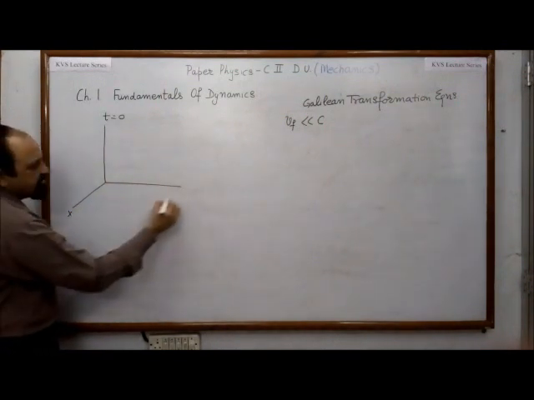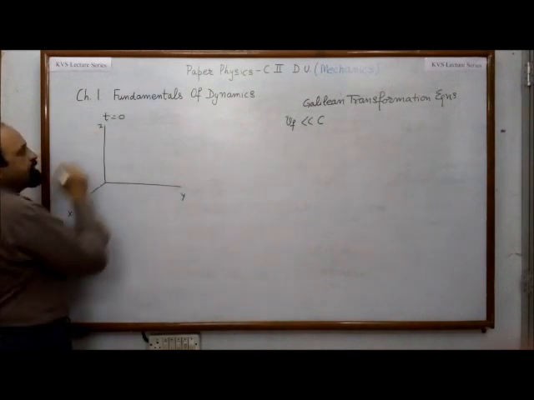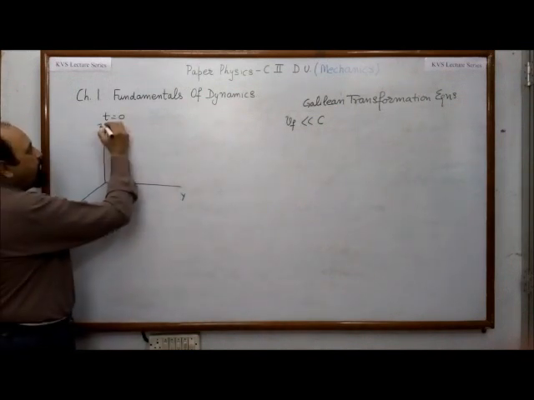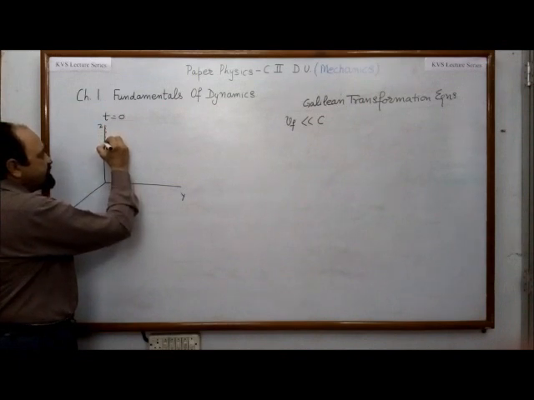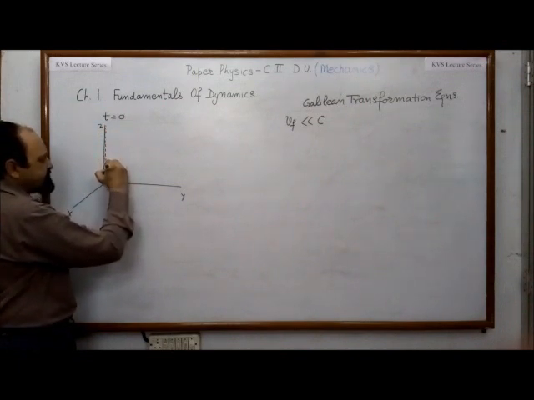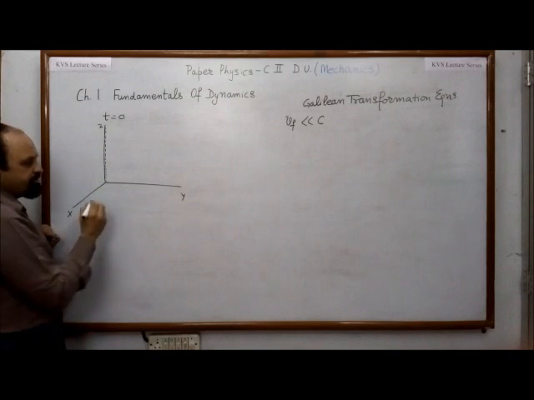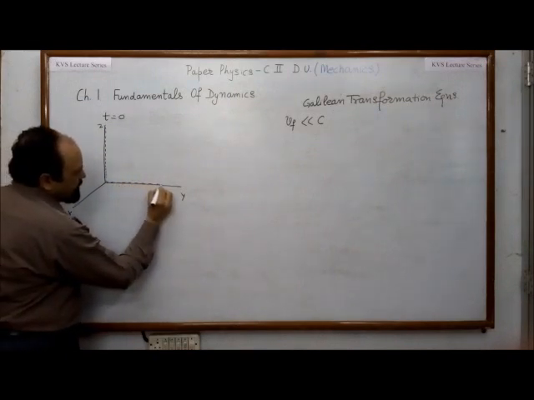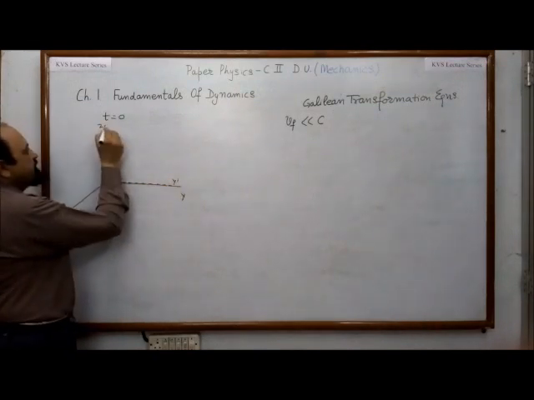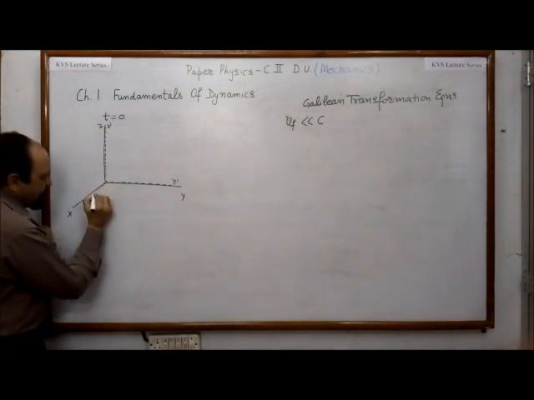That means I have x, y, z, and exactly on it, though I am showing it with a small difference, it is lying on it, I have x dash, y dash, z dash.